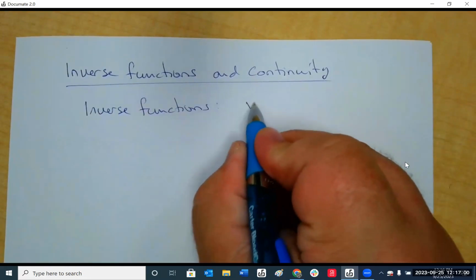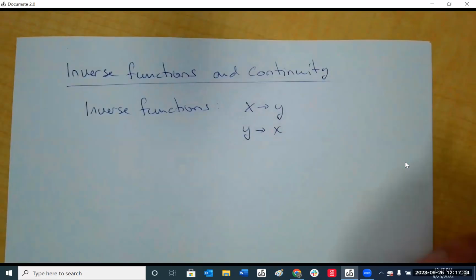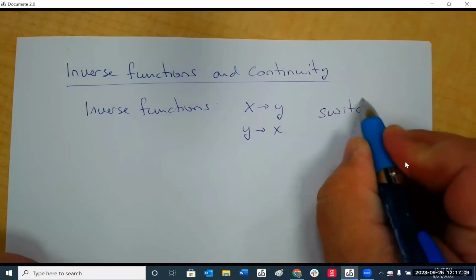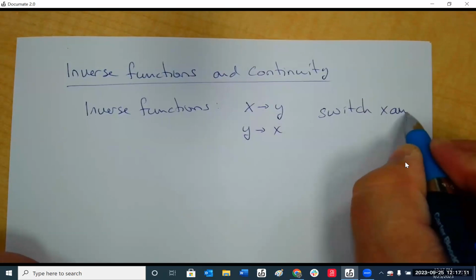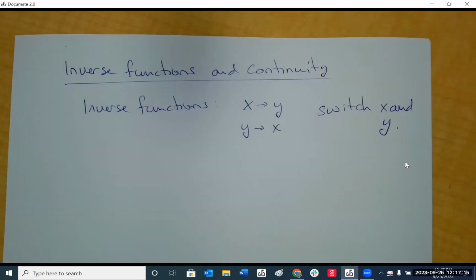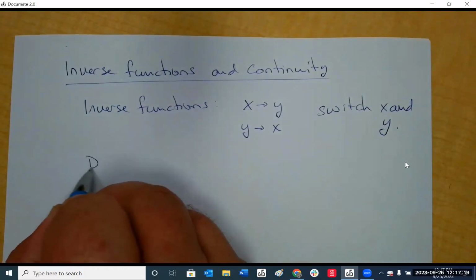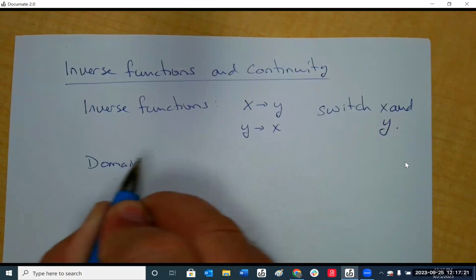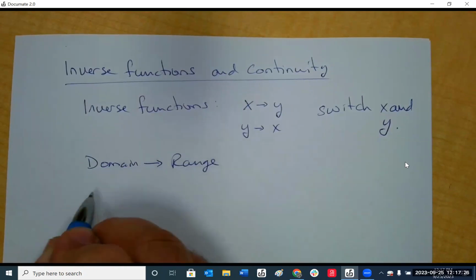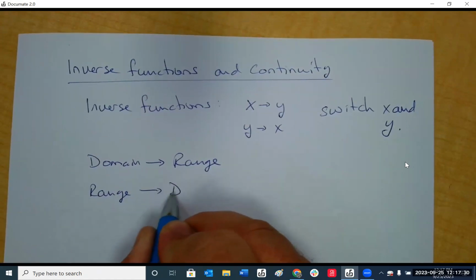The domain of the regular function becomes the range of the inverse. Switch x and y. That's what it tells us to do. So the domain becomes the range, and the range becomes the domain.